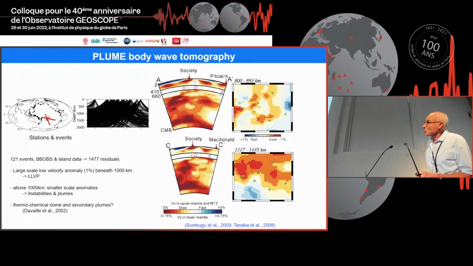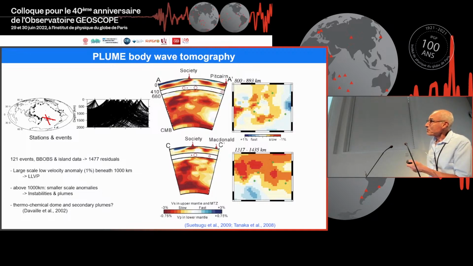The Japanese colleagues also used the temporary and permanent stations in order to make some body wave tomography imaging of the area down to the core-mantle boundary, and they provide some images with low velocity structures up to 1,000 km depth associated with this well-known large low velocity province.